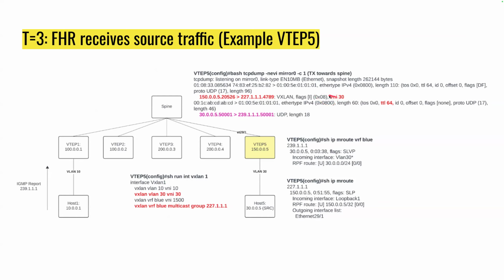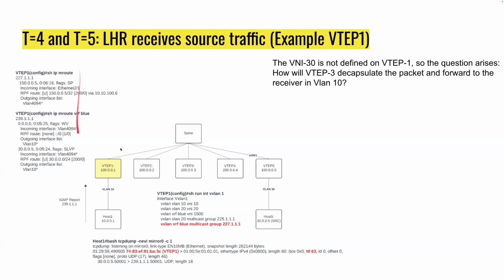Okay. Now let's see how this VNI 30 is decoded on the receiving VTEP. So now VTEP 1 is receiving the encapsulated feed, right? And if you look at the show IPM route, this is the normal existing one that is already present.